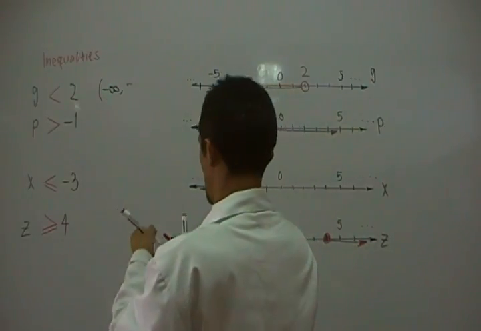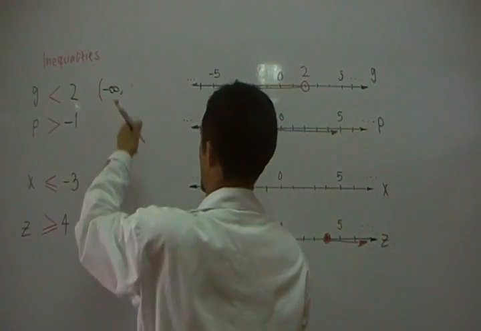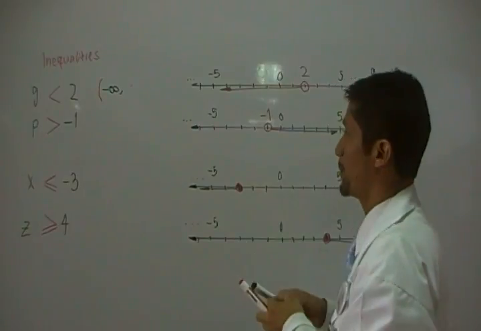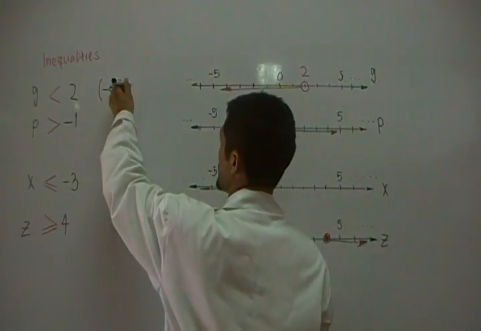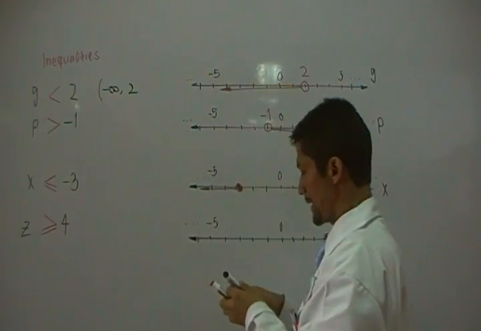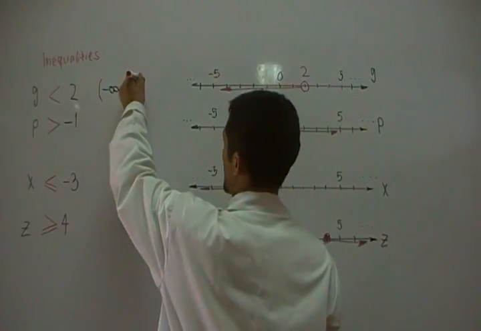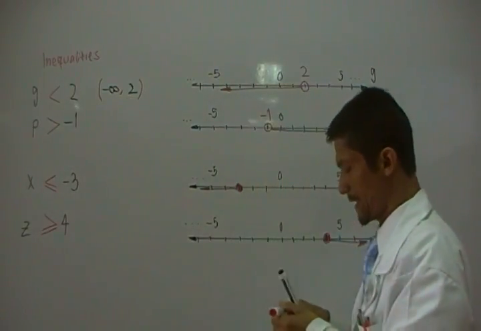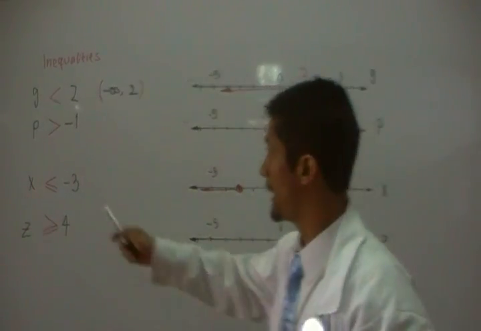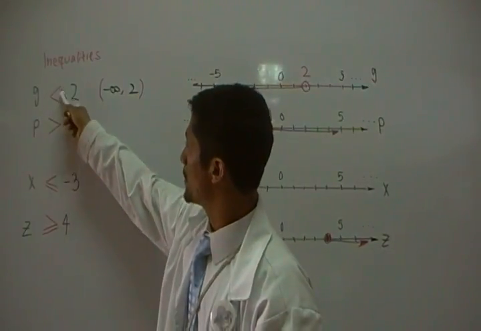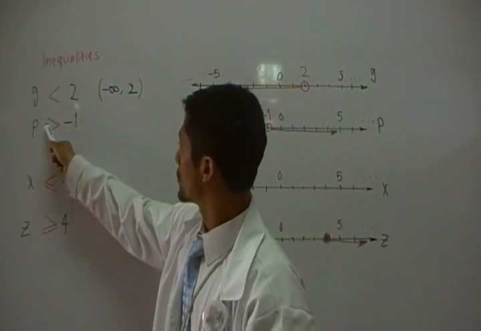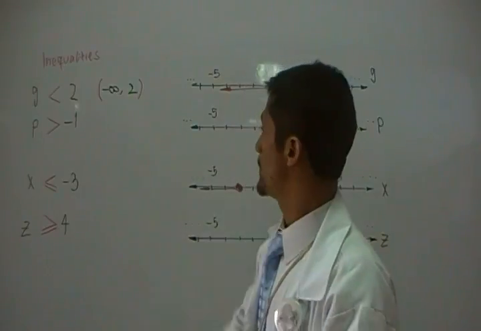But since in this case 2 has an open circle, is not included, that's why we need to use a parenthesis here. Remember that when we have comparison symbols like these two, less than or greater than, we have to use parentheses.